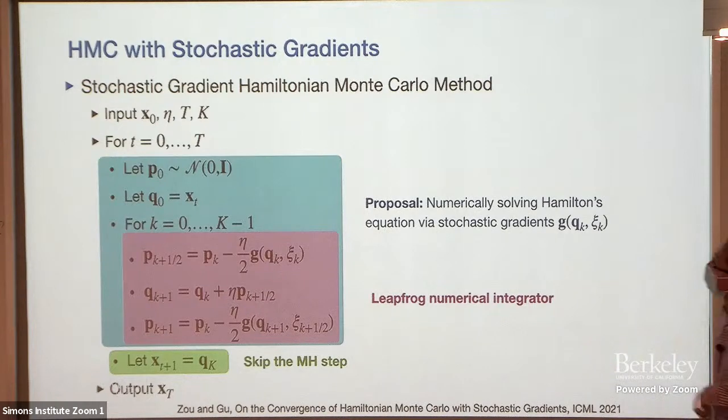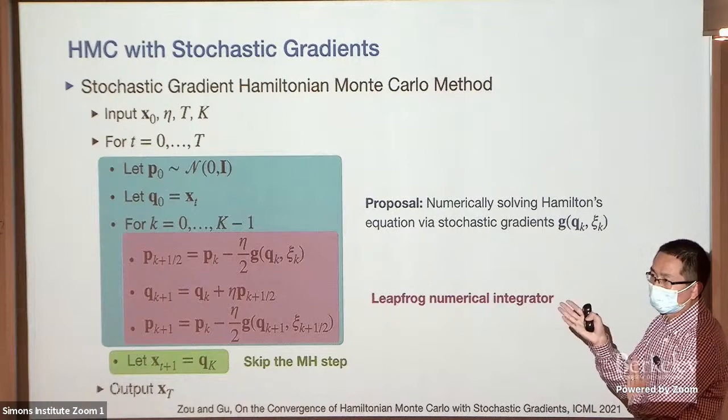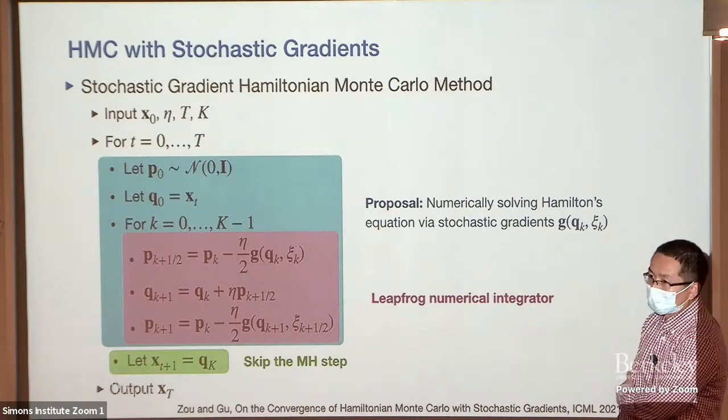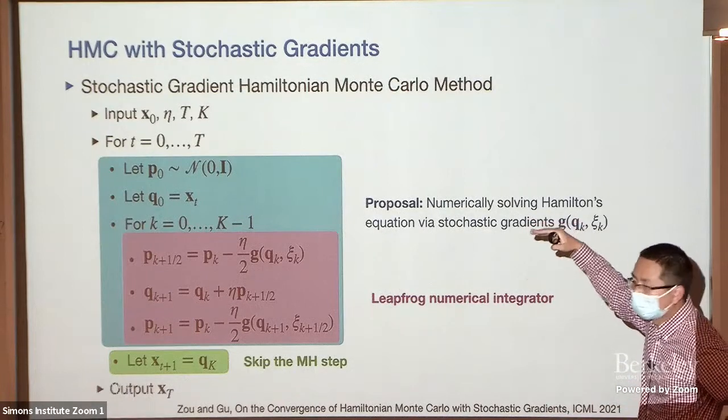Okay, so here is an algorithm where you replace the gradient by a stochastic gradient in the standard HMC algorithm. This algorithm has two loops.